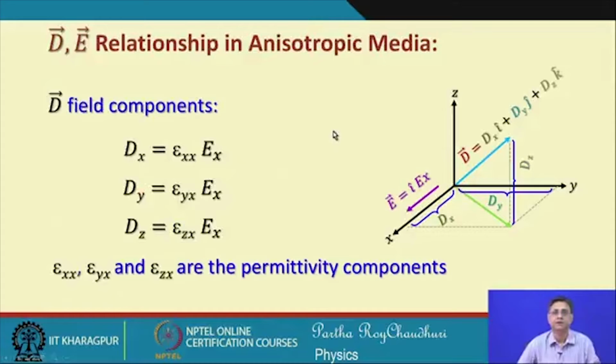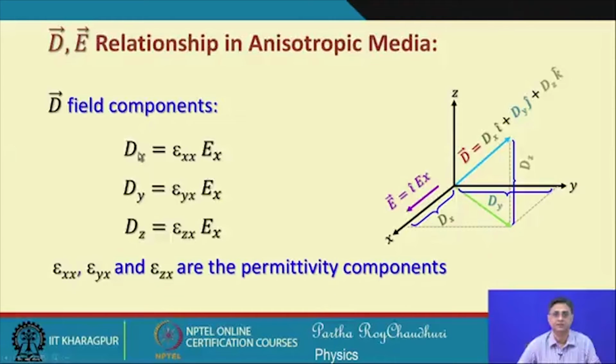Similarly, we can apply an electric field in the y direction as well as in the z direction. But let us see what happens when the electric field is applied along the x axis. So, the D components, by the very property of the displacement vector, that the displacement vector is proportional to the electric field.